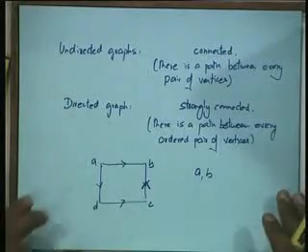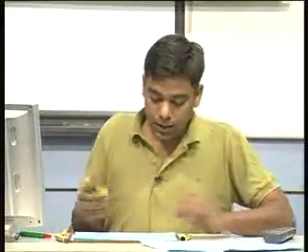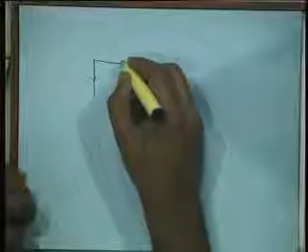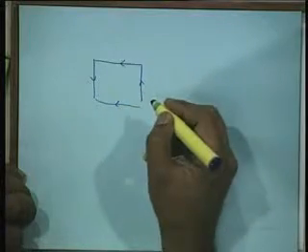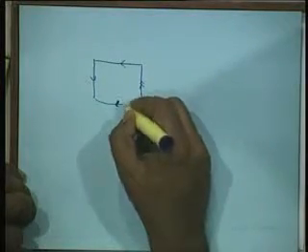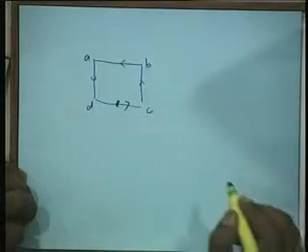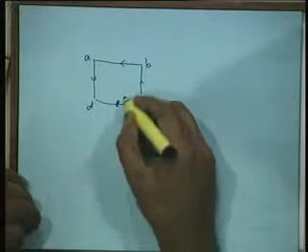Okay, let us see more examples which will perhaps be better. A, B, C, D. Is this strongly connected? No?